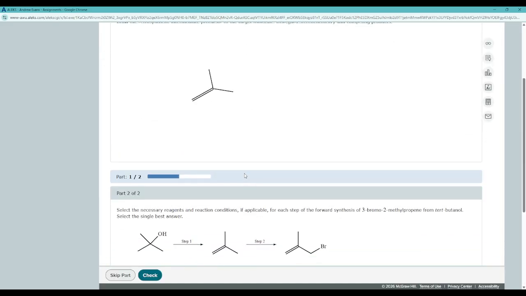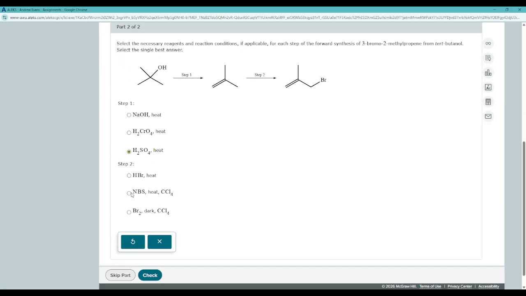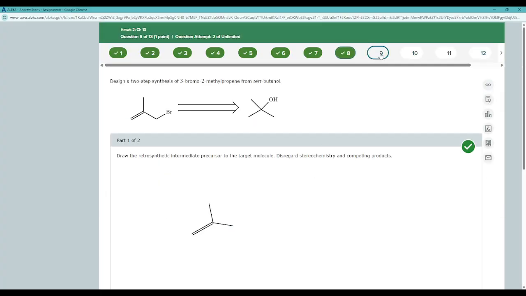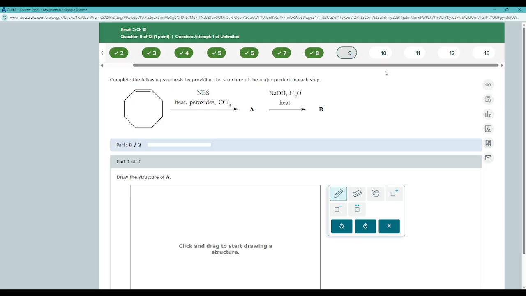Then, same steps. We don't want to add across the double bond, so we don't use HBr or Br2. Remember, NBS only adds to the allylic position.